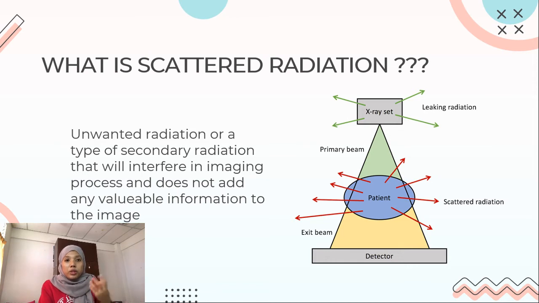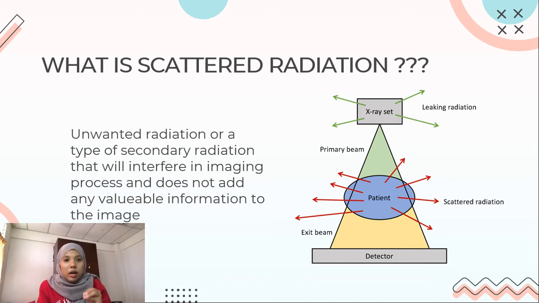Before we continue with the topic that we chose, I will give a brief explanation about scattered radiation. Scattered radiation is an unwanted radiation, also known as one type of secondary radiation that will interfere in the imaging process.